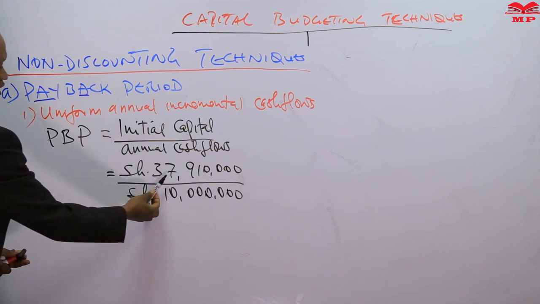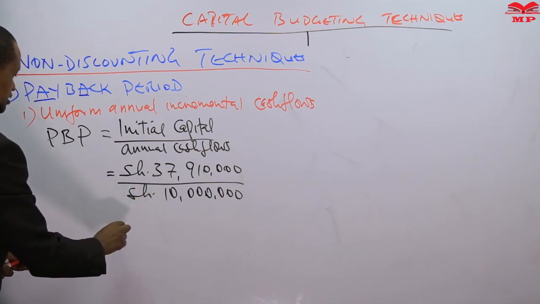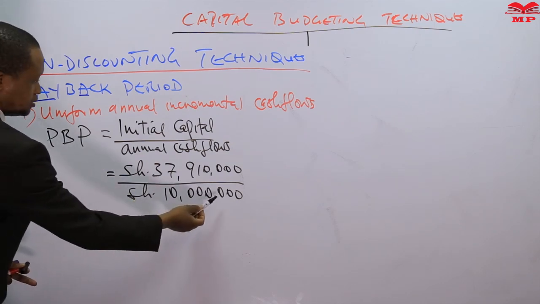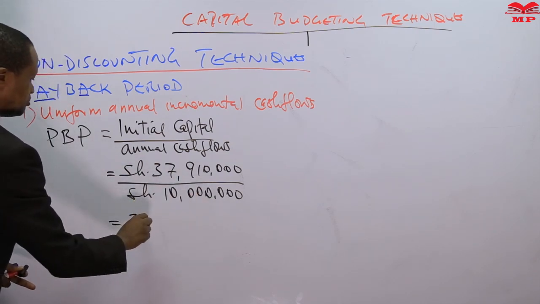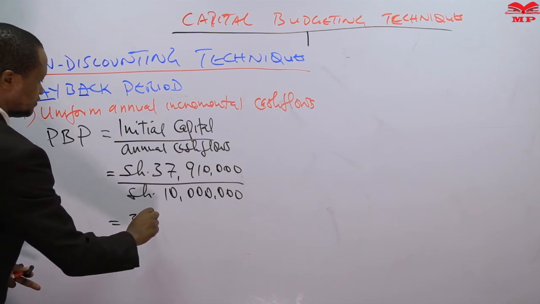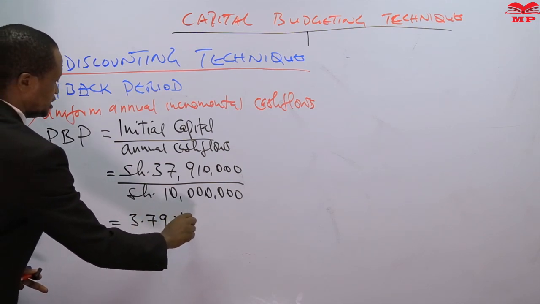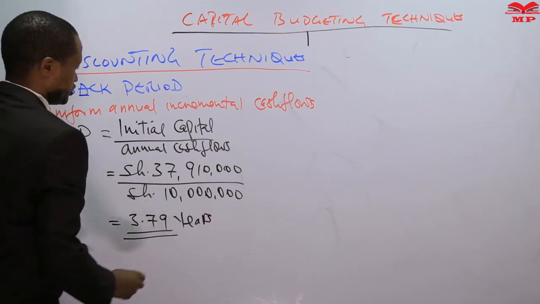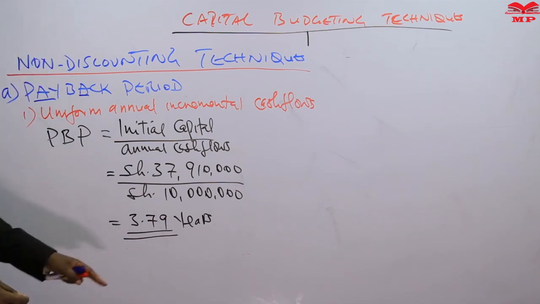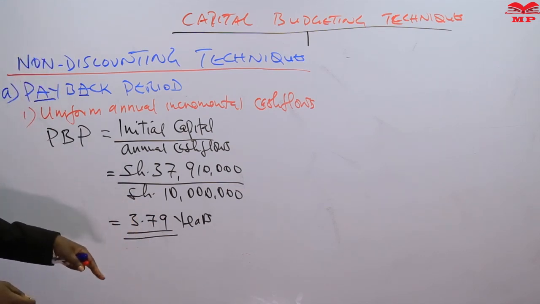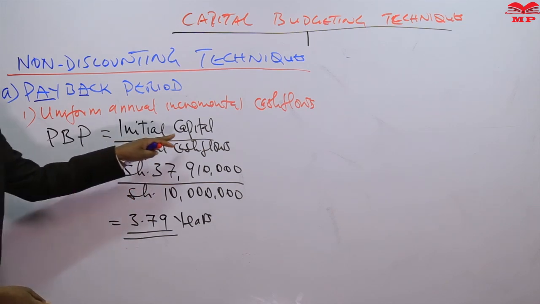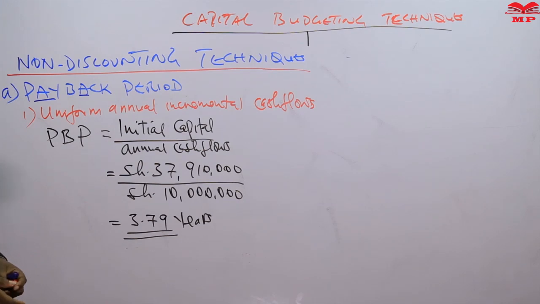So we divide that by this, then without even looking at the calculator, this will be equal to 3.79 years. It will take 3.79 years to recoup the original or the initial capital investment. So that's very simple.